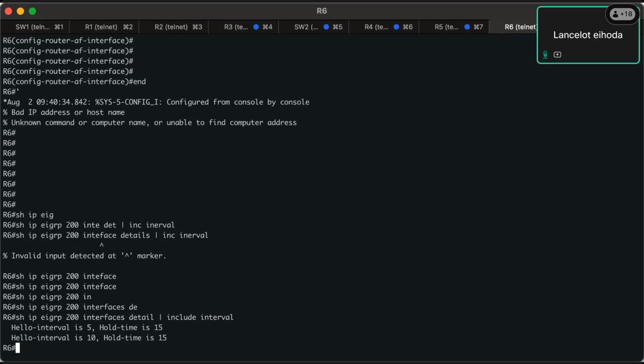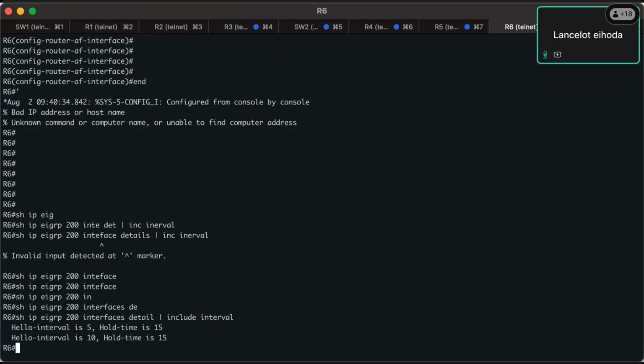Okay, but did you notice that the hello interval changed and the hold down timer did not change? Yes, it did not. Any reason why? Maybe because of EIGRP. We need to be careful because it's running through protocols and trying to protect itself so that it doesn't misbehave. Don't worry, we'll come back to that.